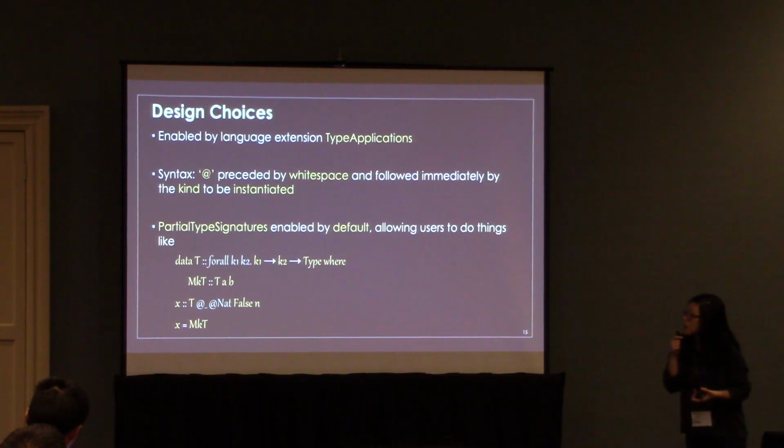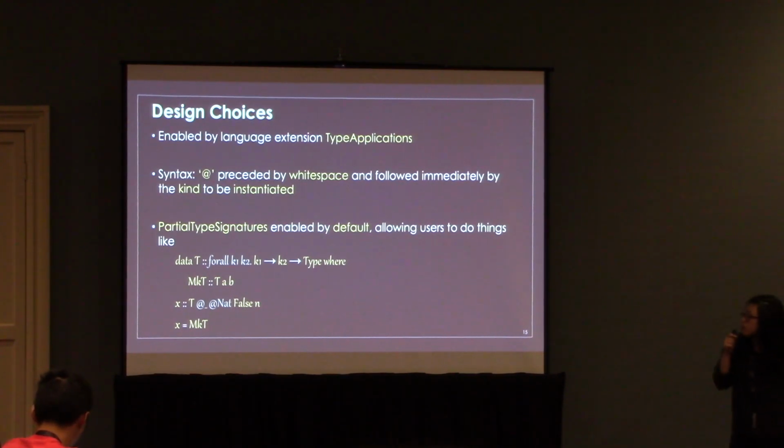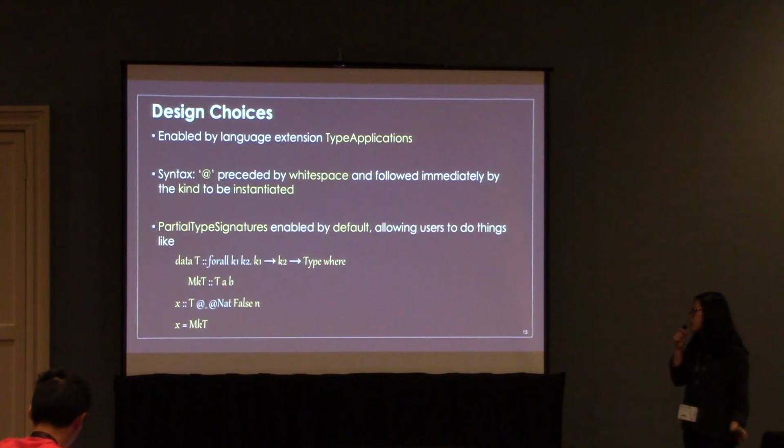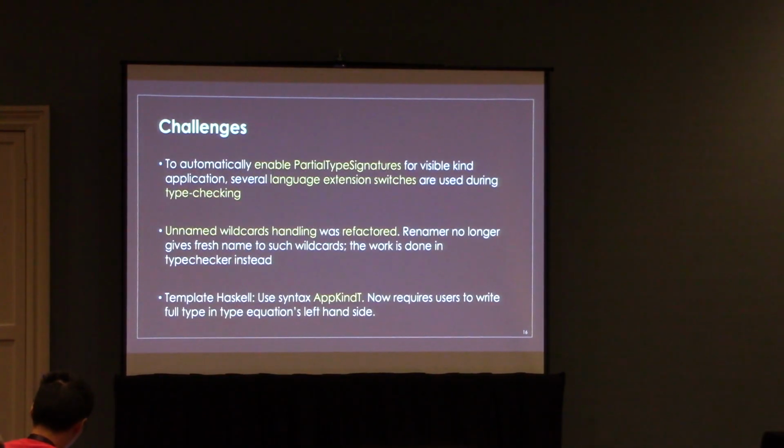It will not have any constraint on you. So you can just easily do that, and GHC will figure out that False is a kind Bool, and that N over there is going to be a kind Nat. So it's really doable.